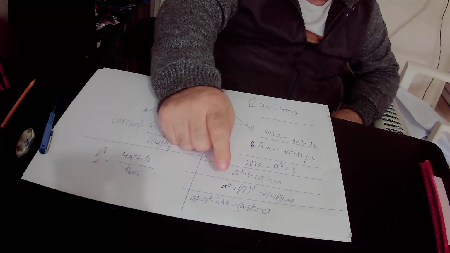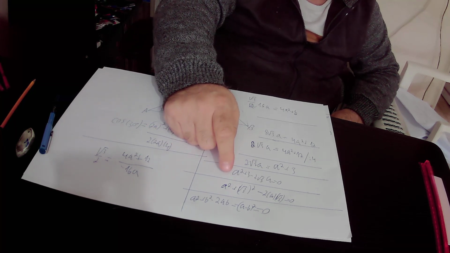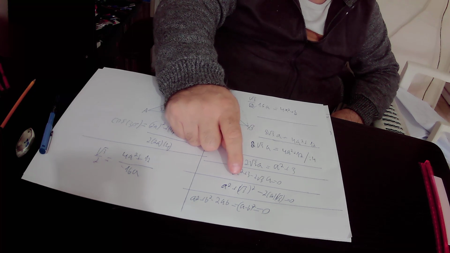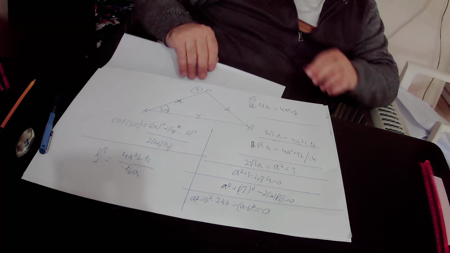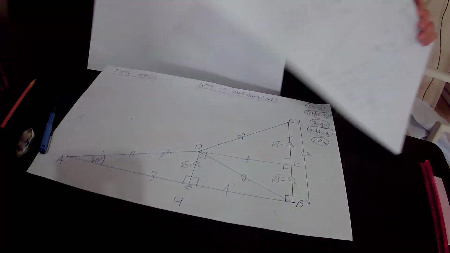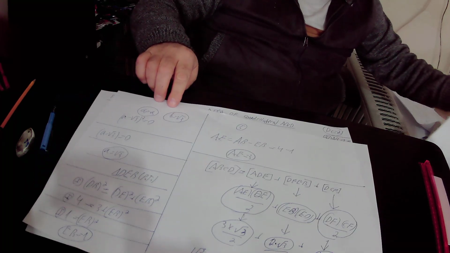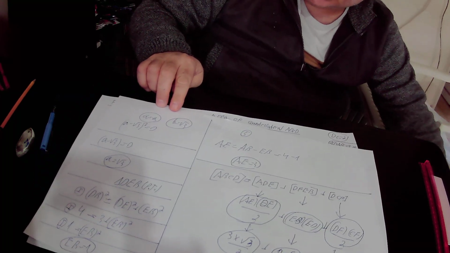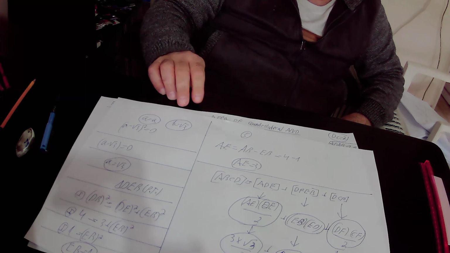And in our specific expression, a equals a and b equals square root of 3. So (a minus b) squared will be equal to (a minus square root of 3) squared that equals 0.